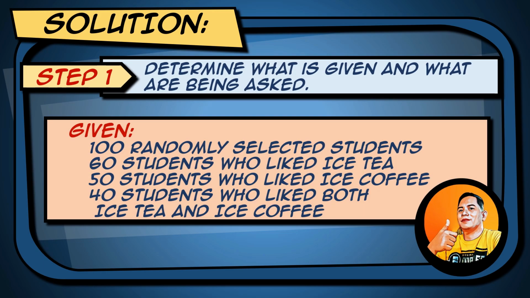And what are the given? We have 100 randomly selected students, 60 students who like iced tea, 50 students who like iced coffee, 40 students who like both iced tea and iced coffee.